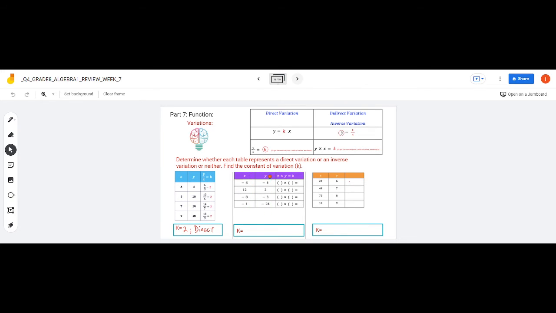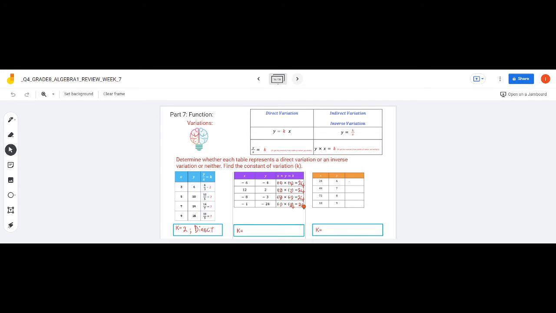So I'm just going to multiply the x value, -6, with the y value, which is -4, and you get an answer of 24. If you take 12 and 2, you get an answer of 24. If you take -8 and you multiply by -3, you get positive 24. If you take -1 and you multiply by -24, you get 24.